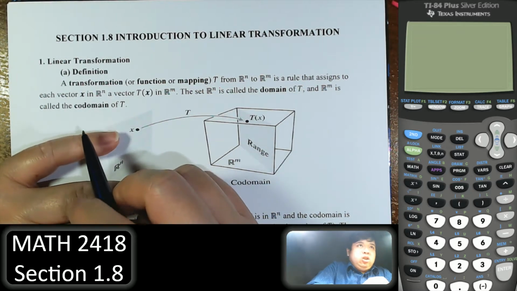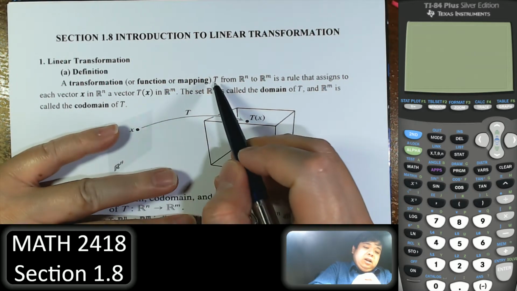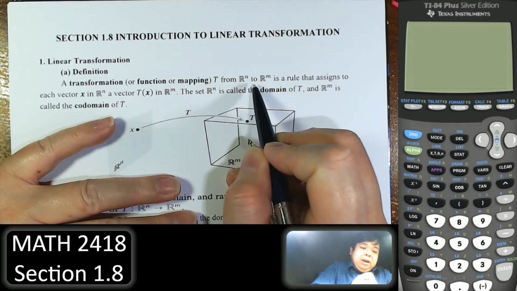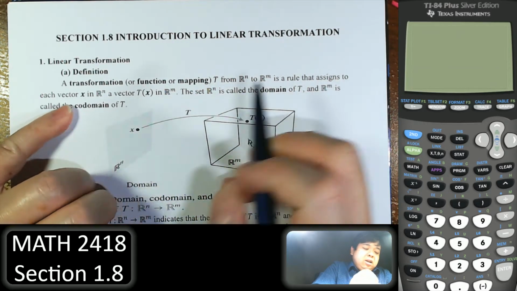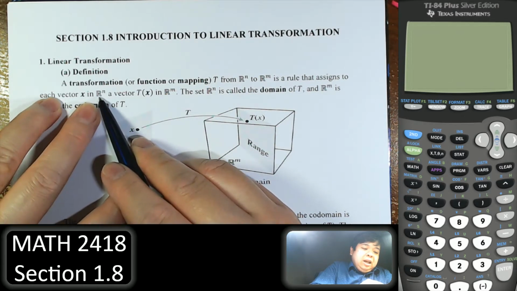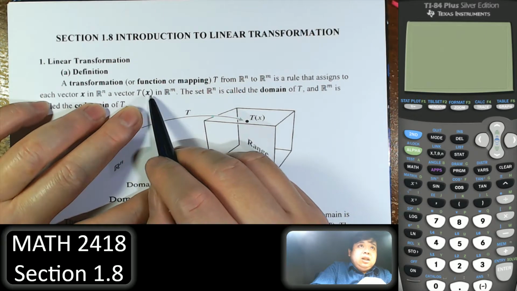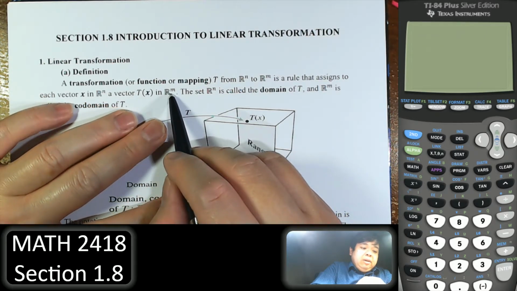A transformation, or function, or mapping T from Rn to Rm is a rule that assigns each x in Rn a vector T of x in Rm.